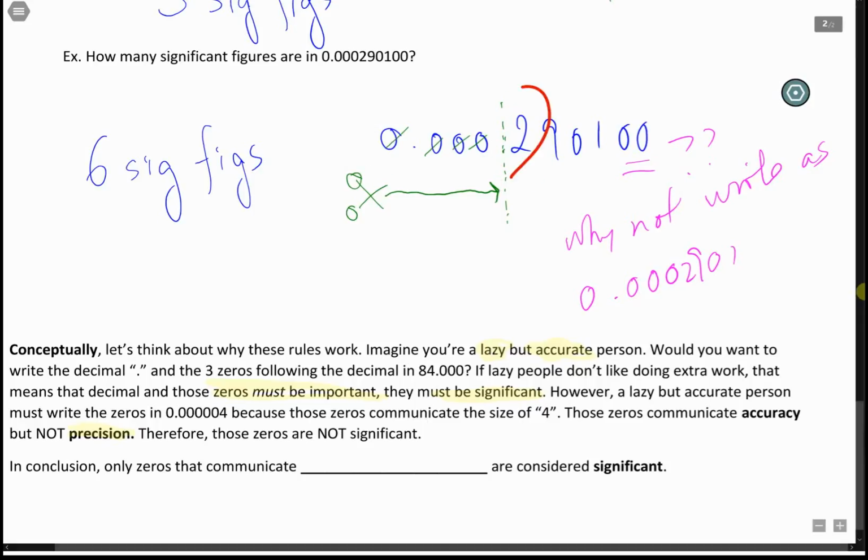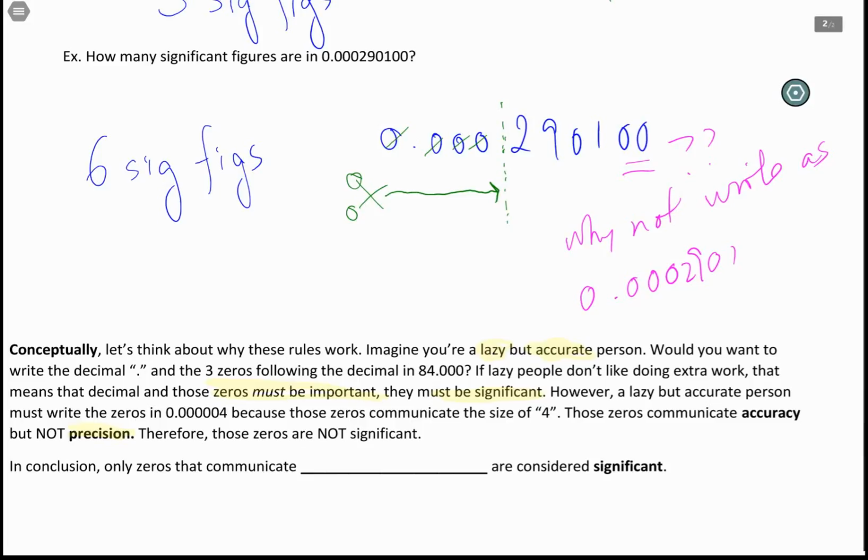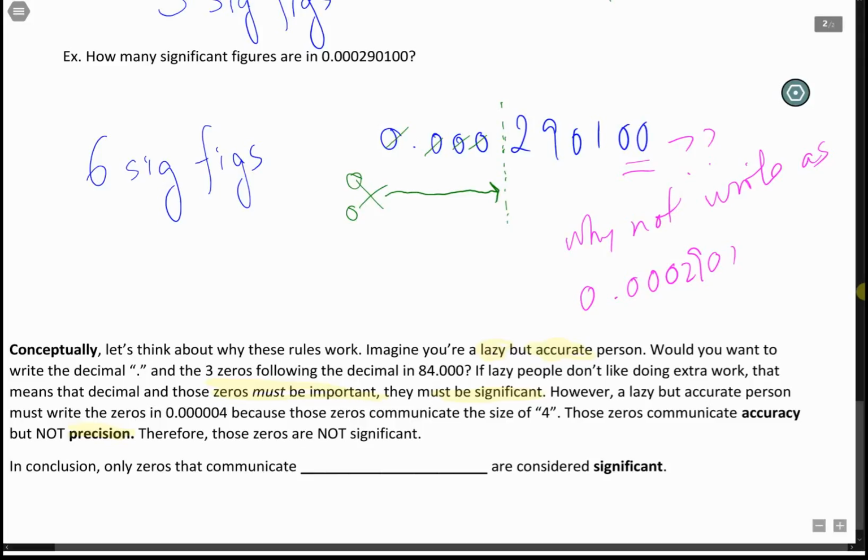They tell you whether this is in the thousands place, the tenths place, the 10,000s place, etc. If they're trying to communicate how big that number is, they're trying to tell you accuracy. If they're trying to tell you accuracy but not precision, these zeros are not significant.